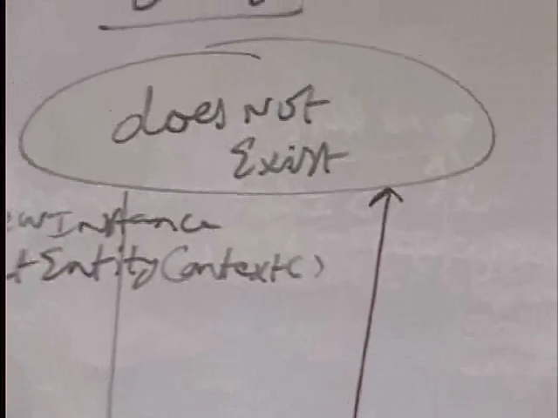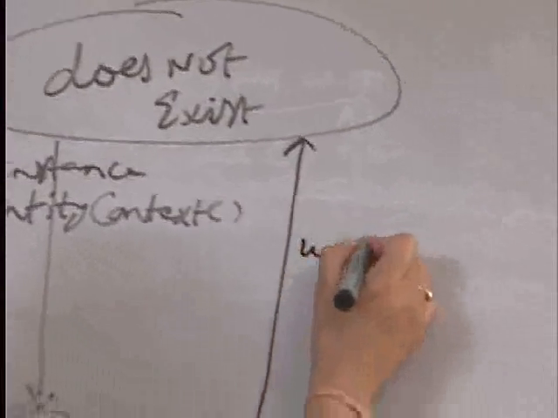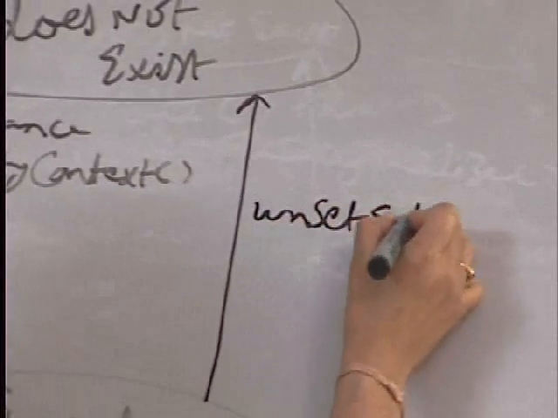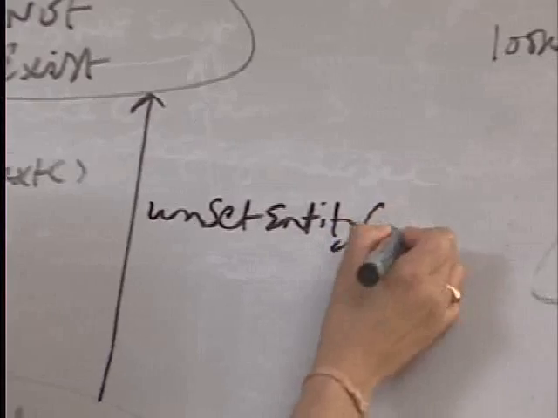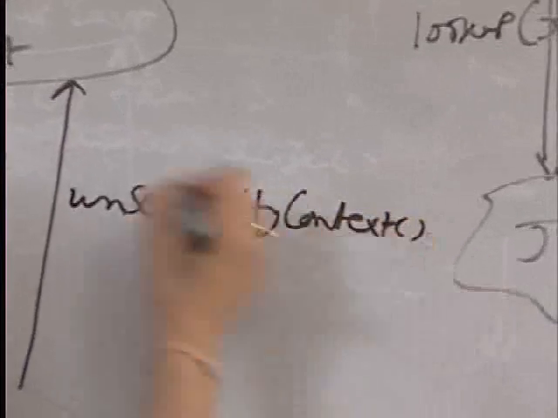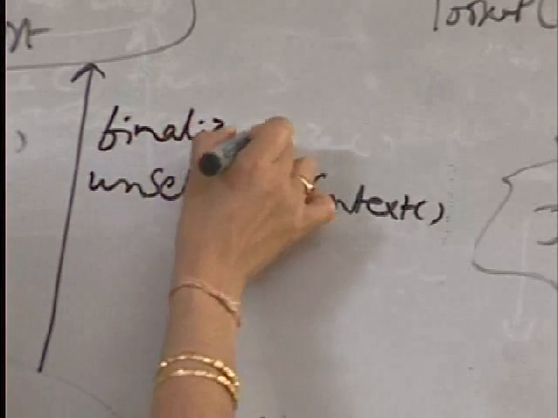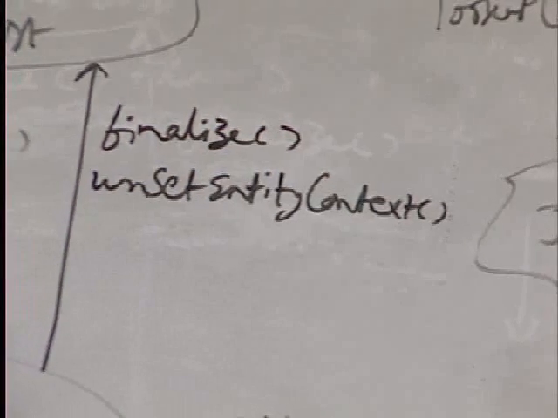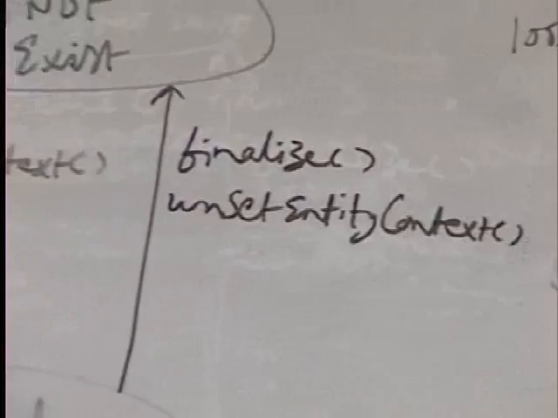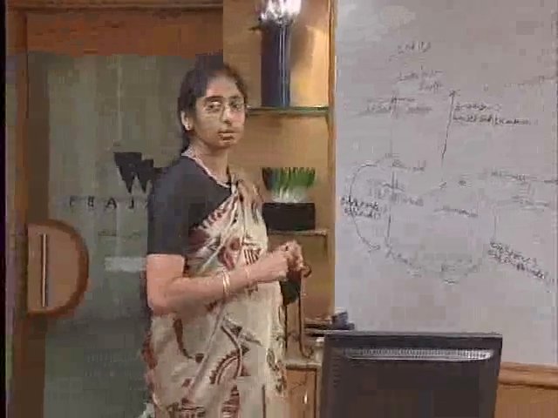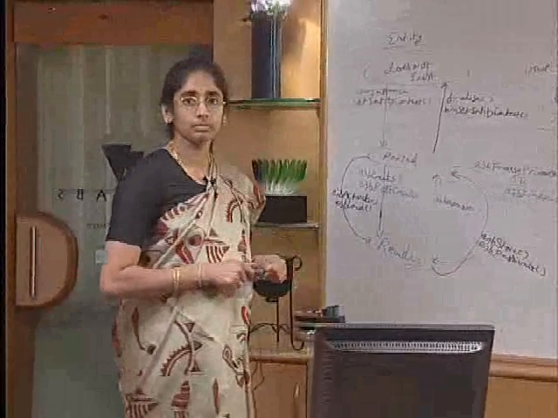When it moves from a pooled state to a does not exist state, it calls unset entity context and finalize. This is the life cycle of an entity bean. Now let's look at it in more detail.